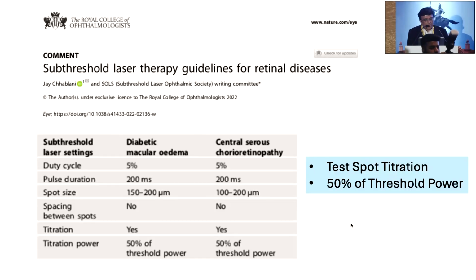Now internationally, we formed a subthreshold laser group, which has said that the parameters are that you do a test spot in a micropulse mode and then bring it down to 50%. There also you have to titrate it. Like for CSR, I follow a percentage between 35 to 45 percent.